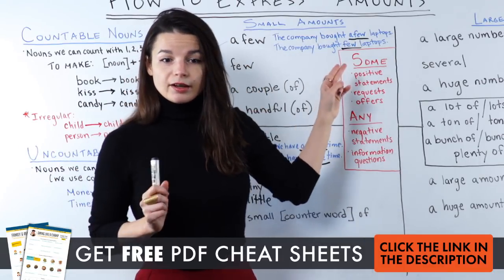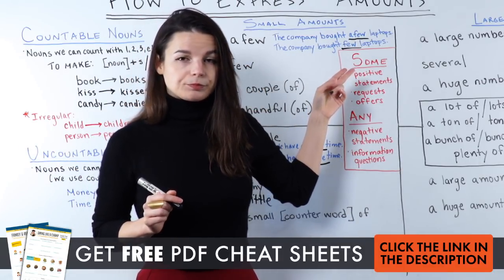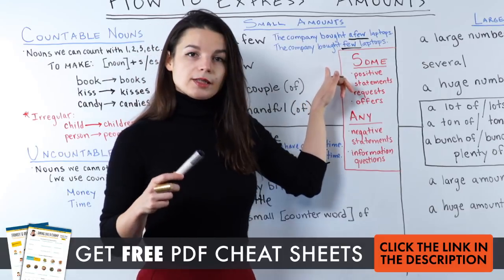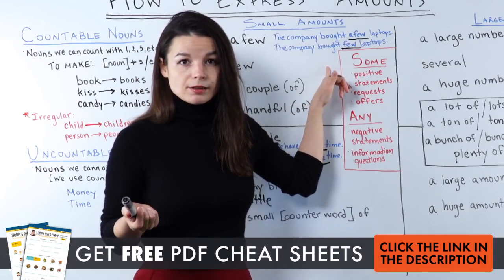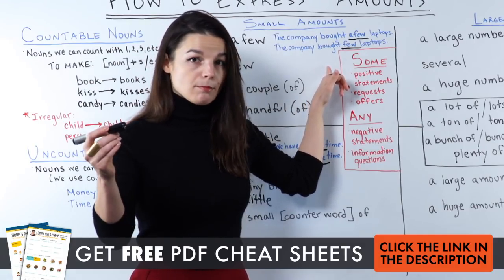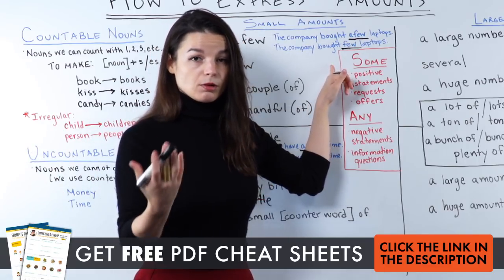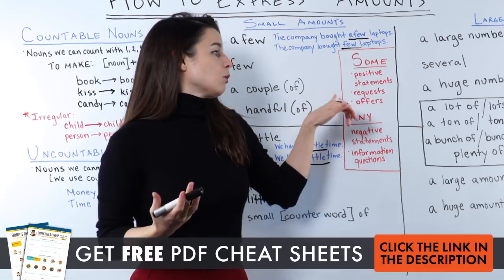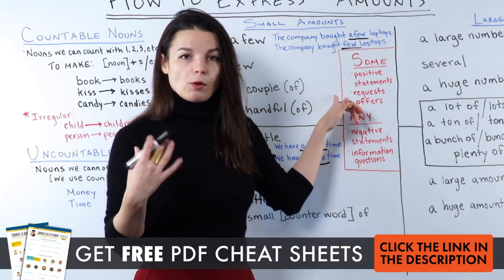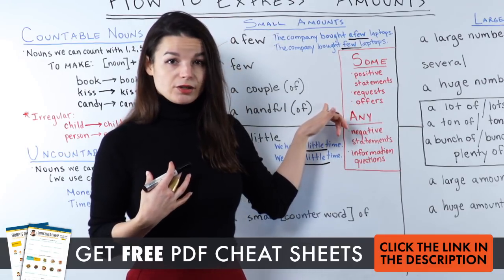So let's talk about some first. Some we use in positive statements. So like, I have some markers, for example, or I have some time. We can use it with countable and uncountable nouns. We also use some in requests and in offers.